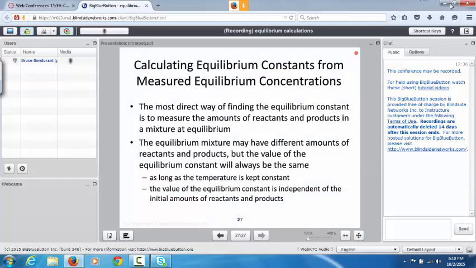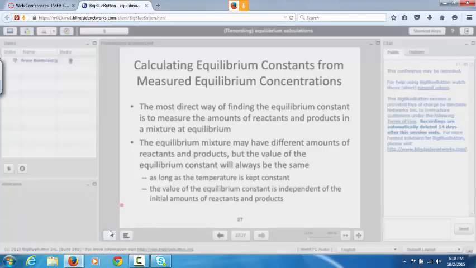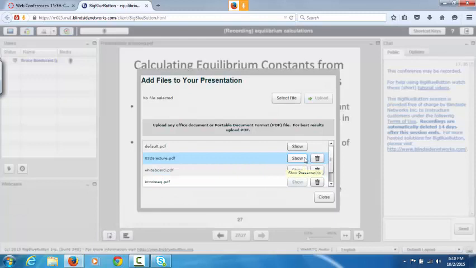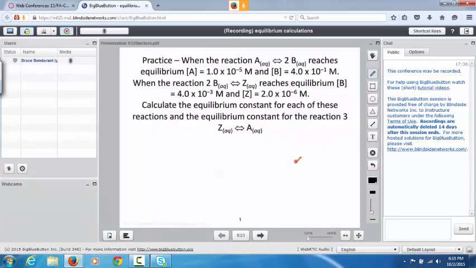Okay, I'm going to take a look at some problems that are similar, and these are using what's called the ICE plot.